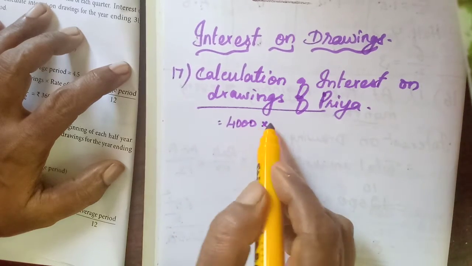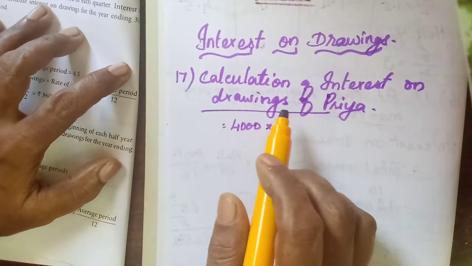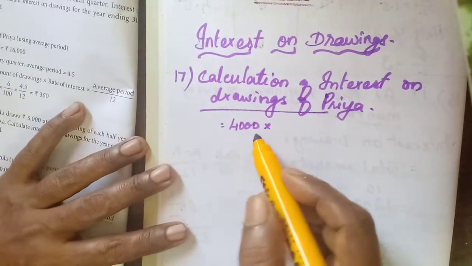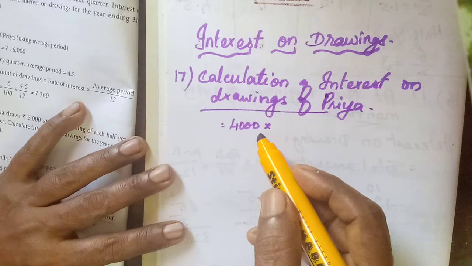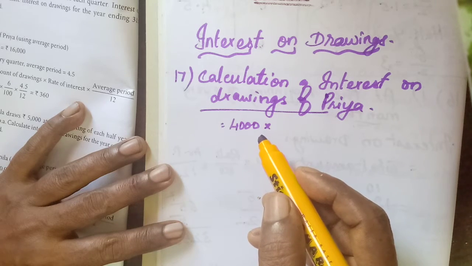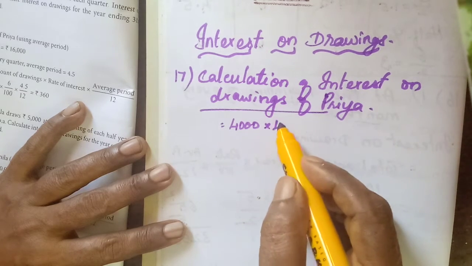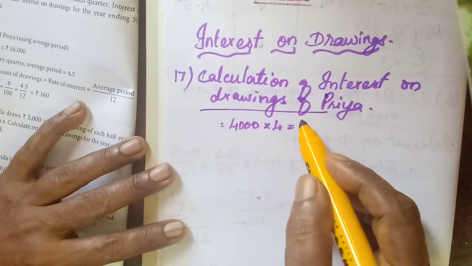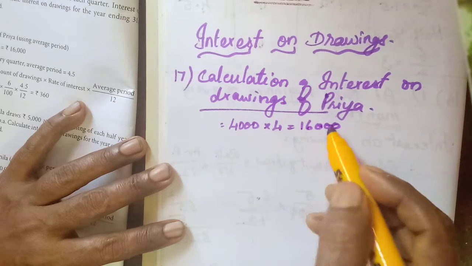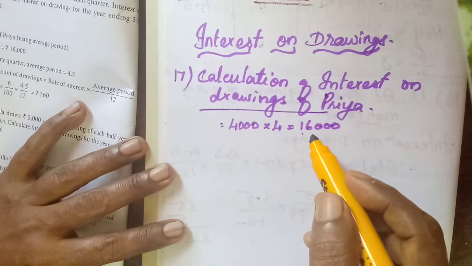So how many times will he withdraw? At the end of each quarter, 4 times he will withdraw. So how much amount? 16,000. At the end of each 3 months he will withdraw. Okay.